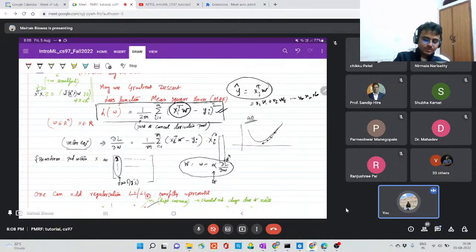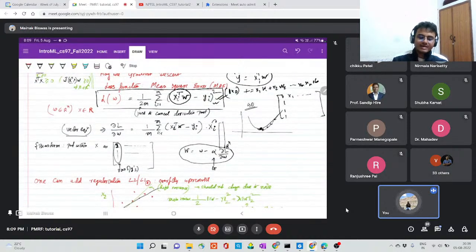I am putting this b inside the x vector itself by adding a column of ones, so x0 will be 1. That is the bias term. Whenever you are minimizing this loss function, you will get the point that gives you w. You can go through the videos that ma'am has shared. I've also written down the gradient here in matrix form, and I've used it to update w.